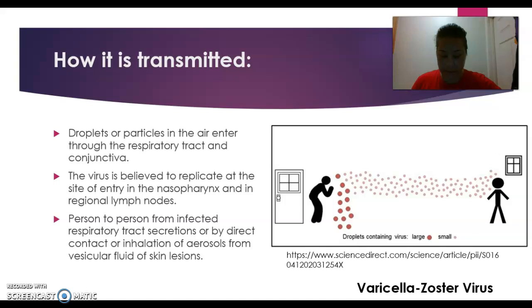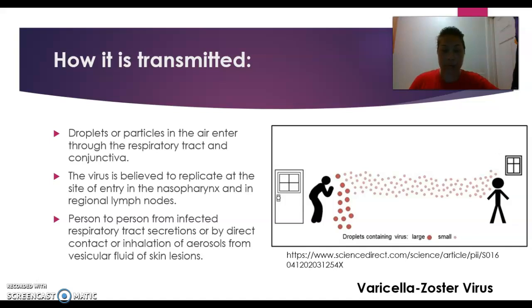And how it's transmitted is by droplets or particles in the air. It enters the respiratory tract and the conjunctiva. It is said that the virus replicates at the site of entry in the nasopharynx and the regional lymph nodes.